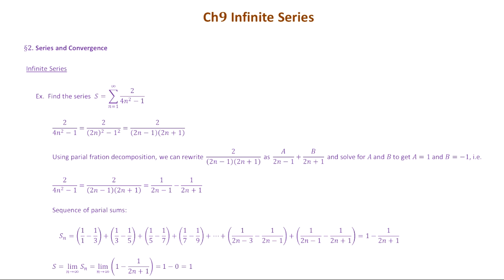So 2 times 1 is 2, and 2 minus 1 is 1. So you get 1 over 1 minus 1 over 2 times 1 plus 1. So 2 times 1 is 2, 2 plus 1 is 3. So that's 1/3. So the first term of this series is actually 1 over 1 minus 1/3.